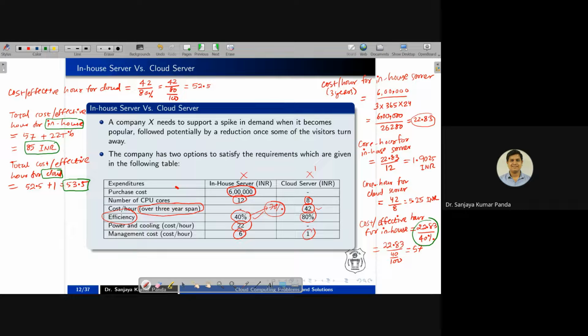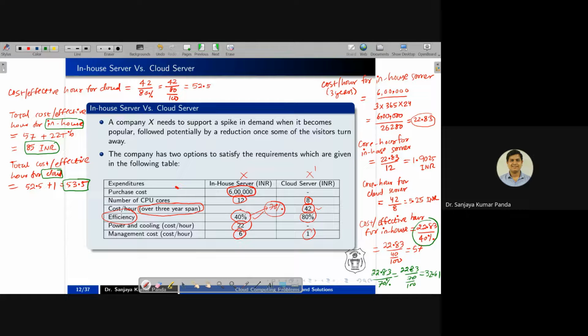If I calculate with respect to 70%, what should I write here? 22.83 divided by 70 by 100. How much will you get? Yes, Arina sir mentioned that it is 32.61. So it is increased to 32.61.